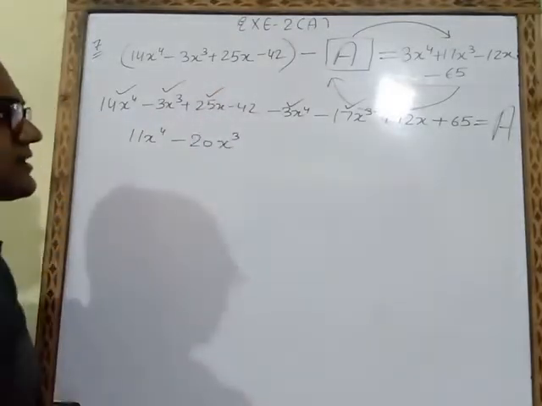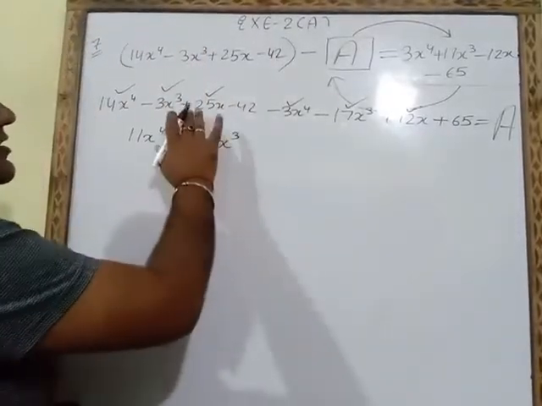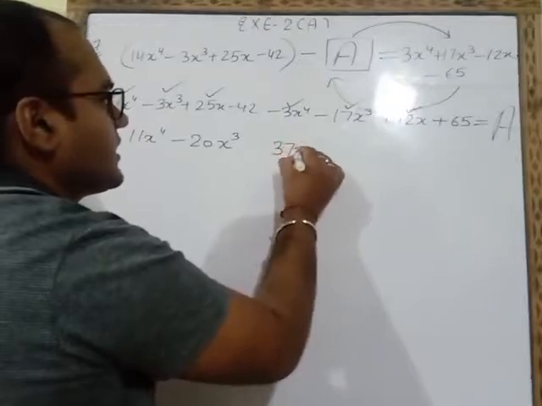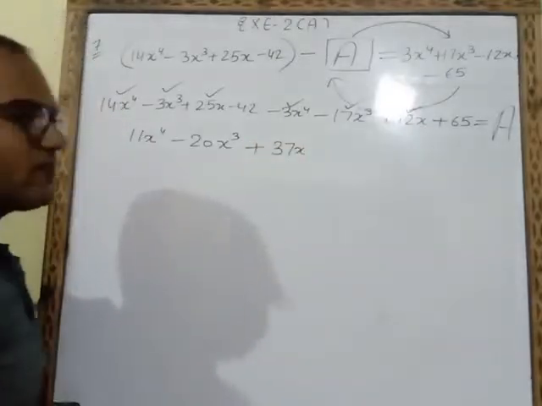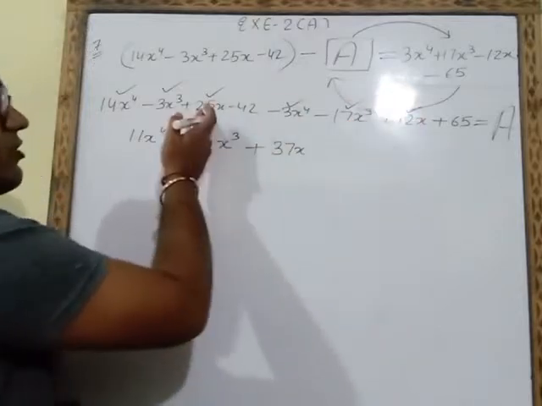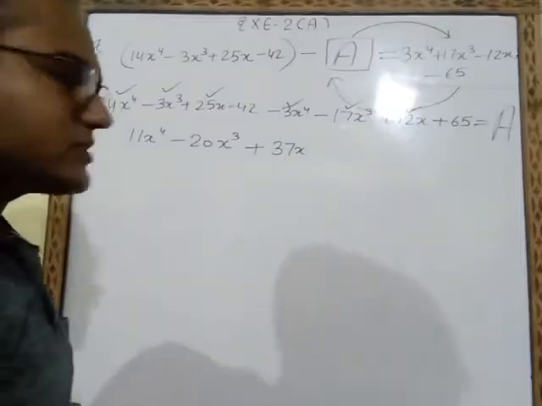Plus 25x plus 12x. Both are positive, so we will add 25 and 12, which will be 37x, and plus sign we will take. Why will we take plus sign? Because out of 12 and 25, 25 is greater, 25 is having plus, so we will take plus sign.